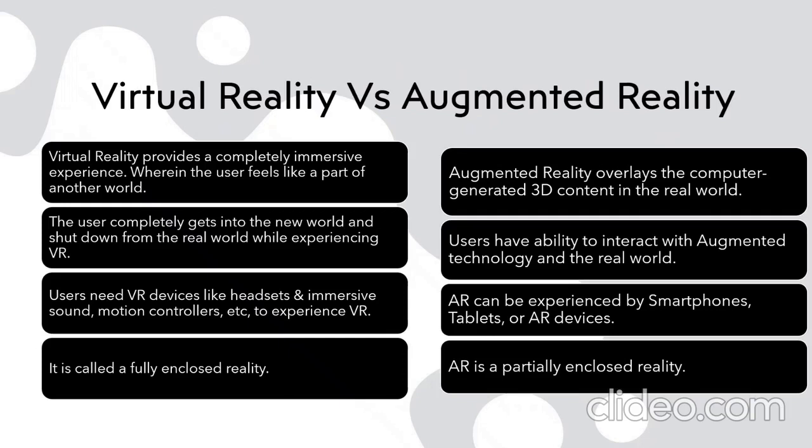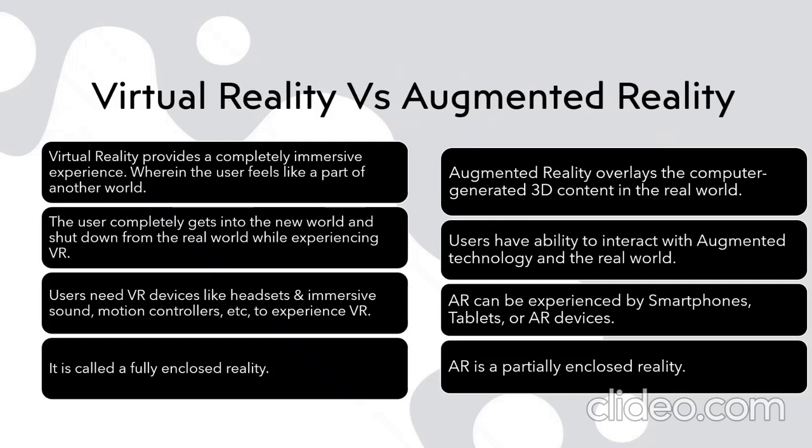And the main difference between virtual reality and augmented reality is that virtual reality is completely 3D images, like it won't show any real world images. It's like we are in a different world. But augmented reality overlays the computer generated 3D content in the real world.